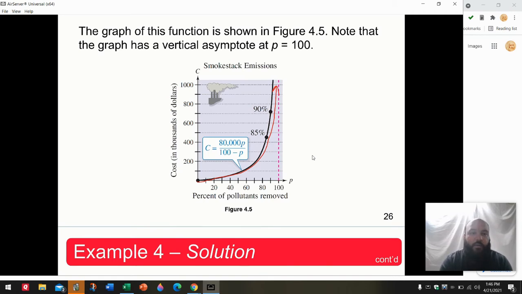Now, it says, note that the graph has a vertical asymptote at P equals 100. So my first question would be, why is there a vertical asymptote right here at P equals 100?